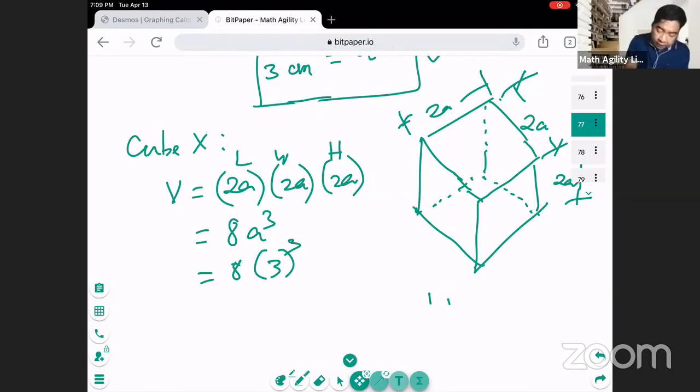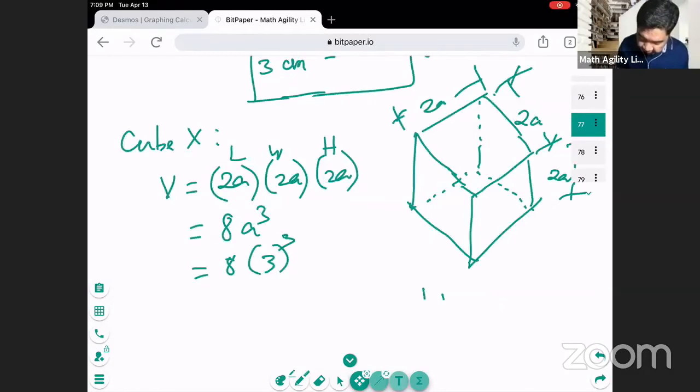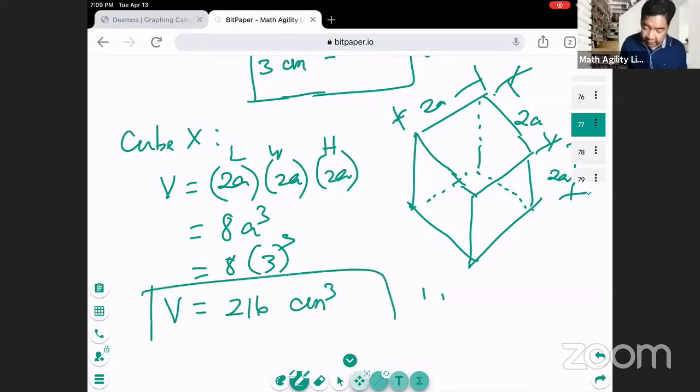So what's this value? 3 cubed times 8 would give us 216. So the volume of cube x is 216 cubic centimeters. Okay, so this is the method that I will use in solving this problem.